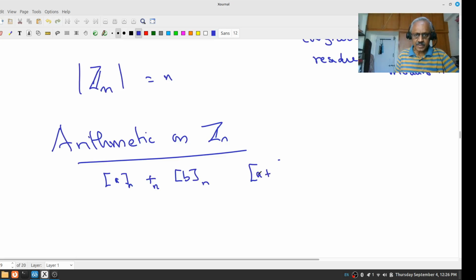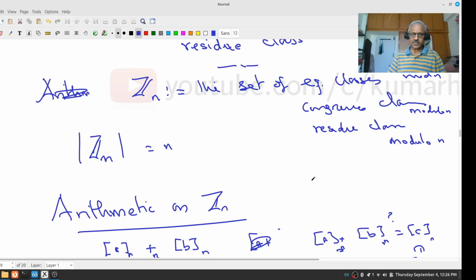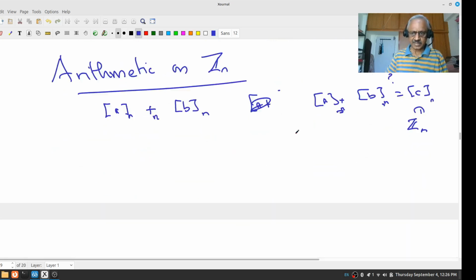I want to define A plus B. It should be an equivalence class C. This C should be an element of this n element set, what we call the residue classes modulo n, or the set of equivalence classes, or the set of congruence classes.